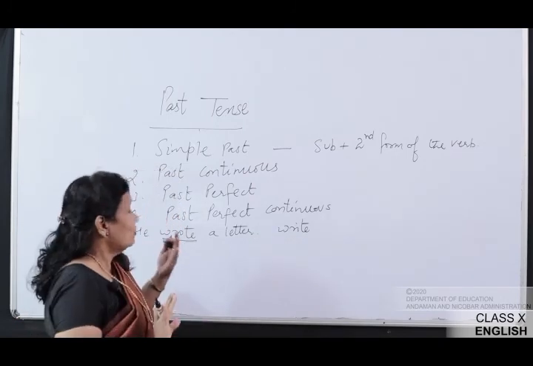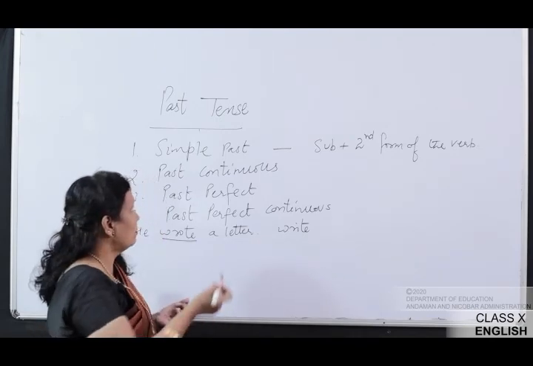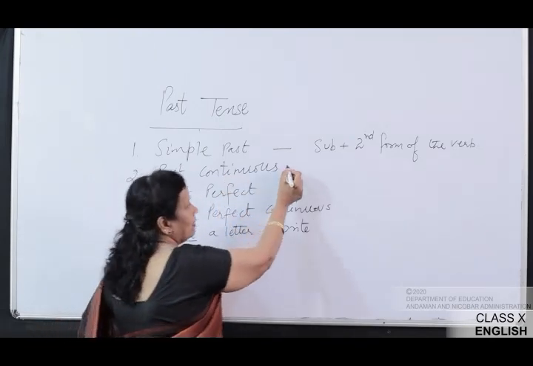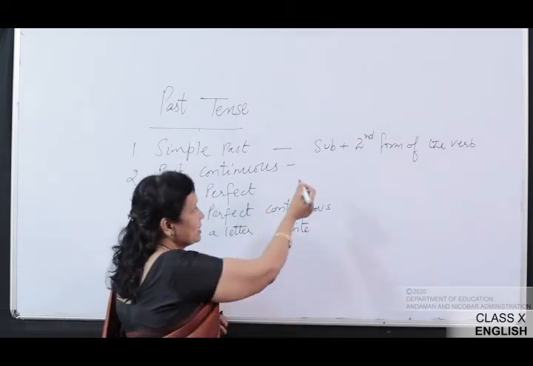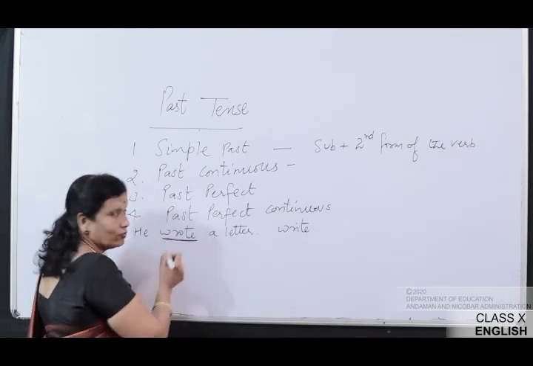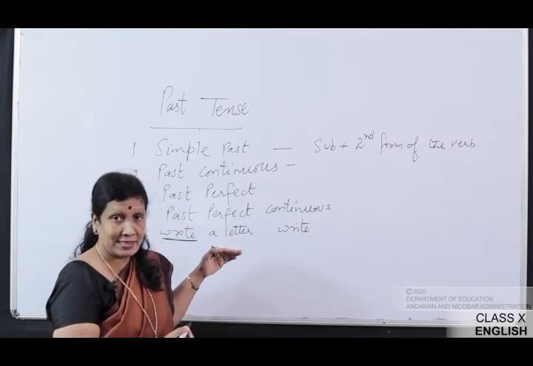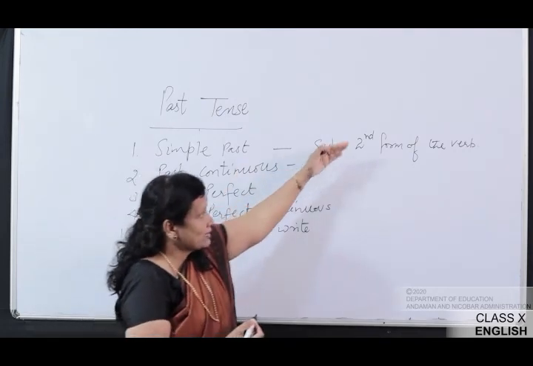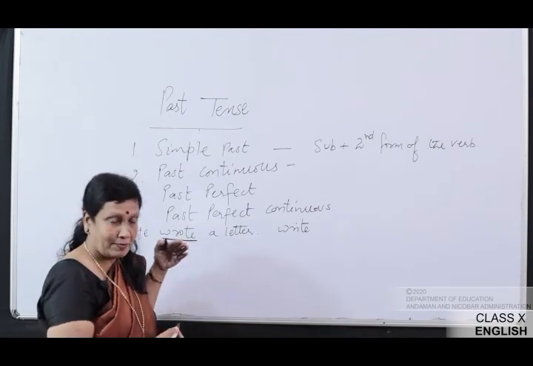We will be discussing it in detail after some time, but when we are looking at the formula, it is subject plus second form of the verb. Now wrote is the second form of the verb write. So this is a simple past tense. Subject plus second form of the verb plus the object, right?